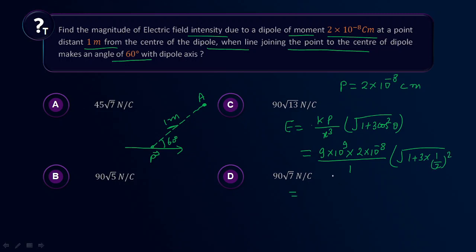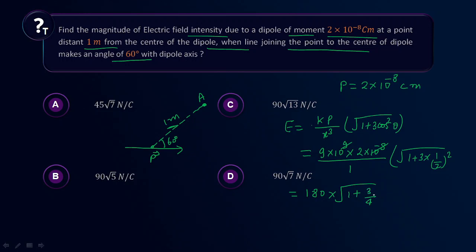So we can write it as 9 into 10 to the power 9 and 2 into 10 to the power minus 8, so we can cancel. So it will be how much? 180 into root under 1 plus 3 by 4.